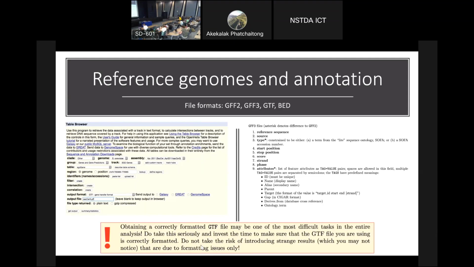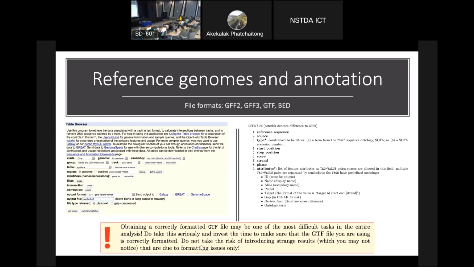I'm not going to go through that, but it tells you the reference sequence, the source, the type, start position, stop position, score, etc. And if you go to the UCSC genome browser, you could actually download this, and you can define the name, and in this case, it's GFF format, and you get the output. So you can download these genomes in those formats from the major genome browsers.